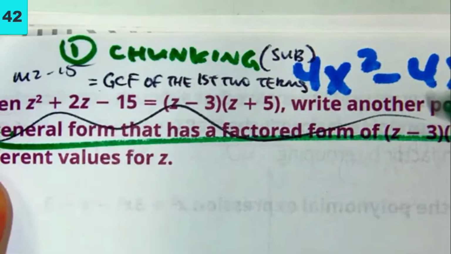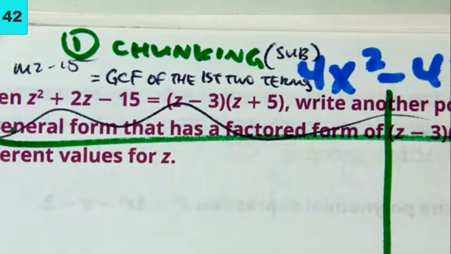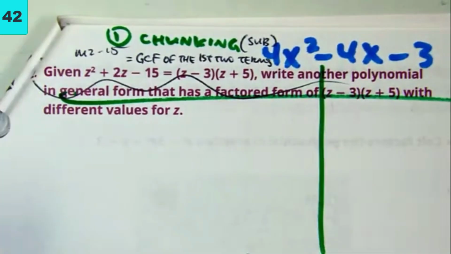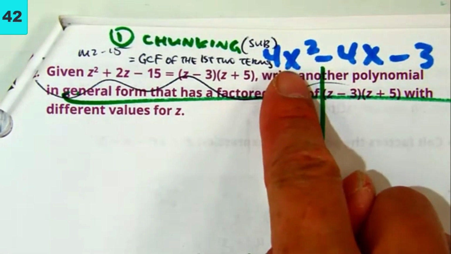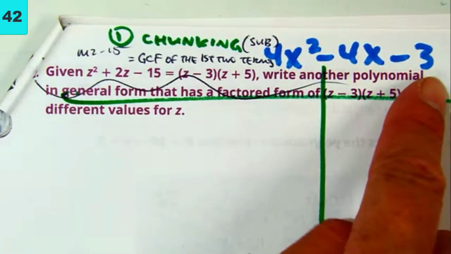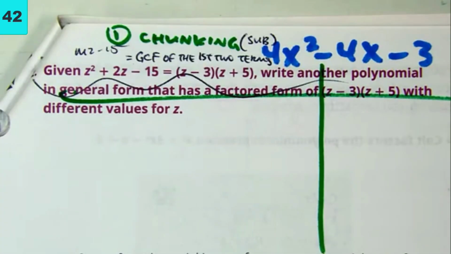So I'm going to divide my work here to give us some space, and I'm going to show you guys how to do this problem in two ways. The first one is chunking. If you look at the problem there, you'll realize there is no greatest common factor, because I have an even and an odd. But if I apply chunking, put your finger on the first two terms.